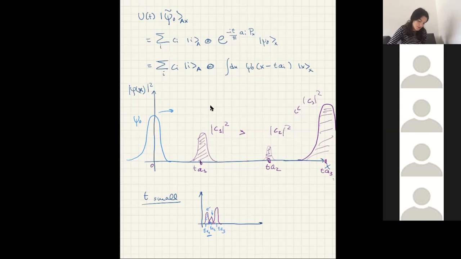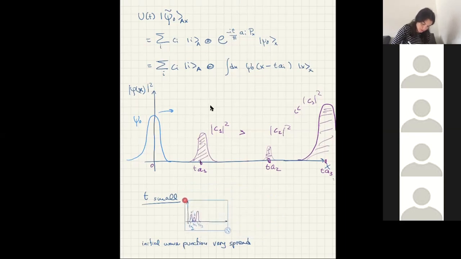Or we could have that the initial wave function is very spread. Let me make this even smaller, get it out of the way.